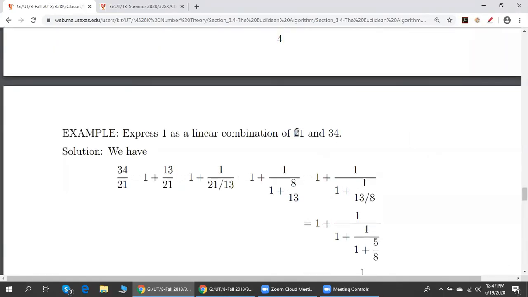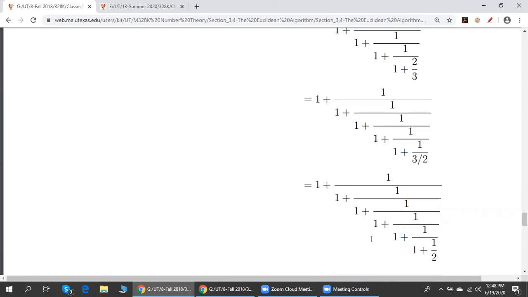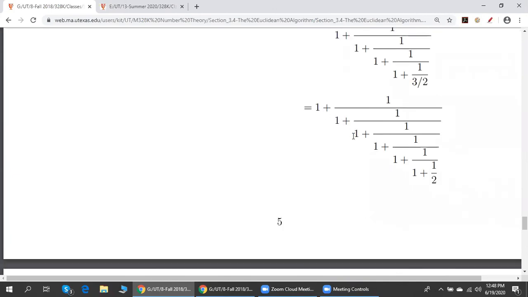Observe that 21 and 34 are consecutive Fibonacci numbers. And this is not a coincidence. One can show that if we apply this procedure to 2 consecutive Fibonacci numbers, over here we will get only ones.